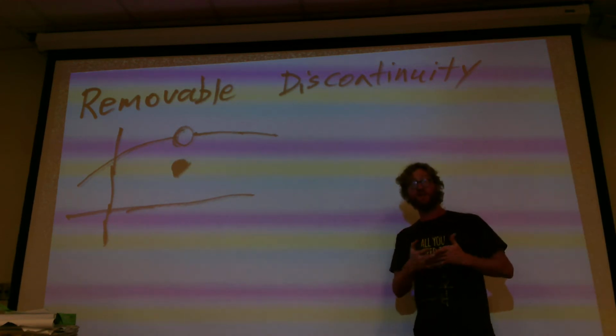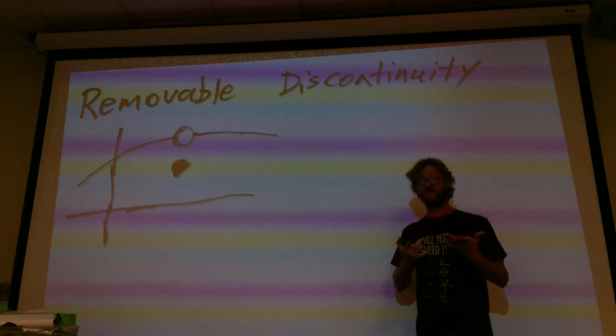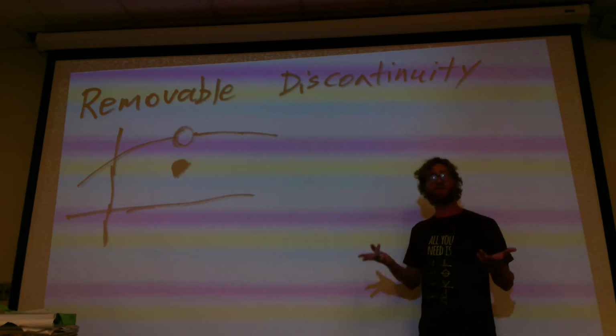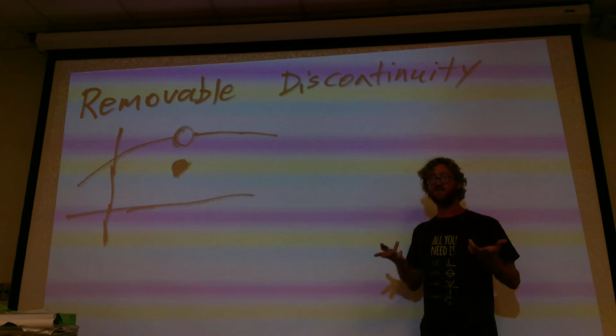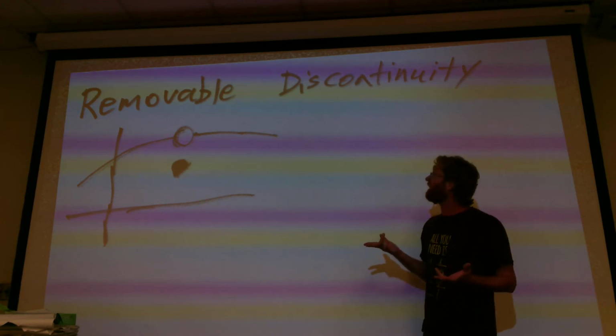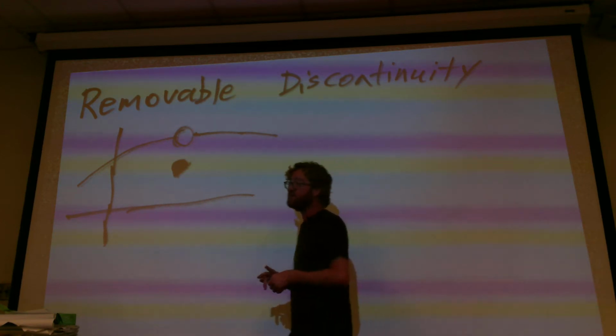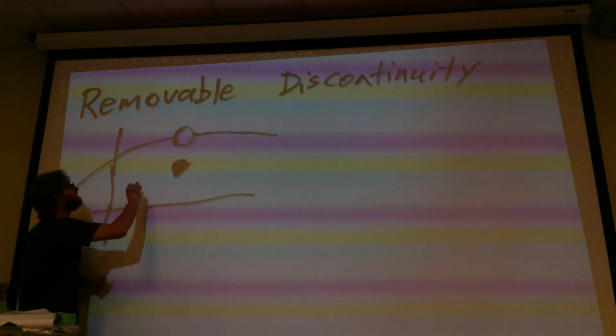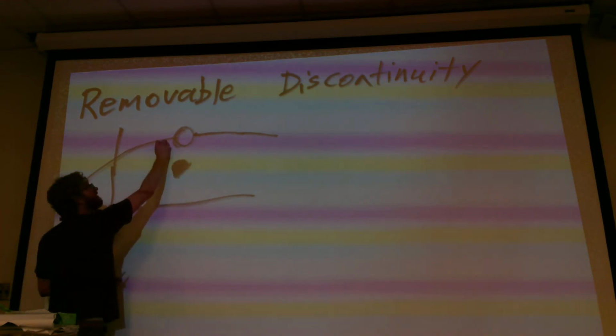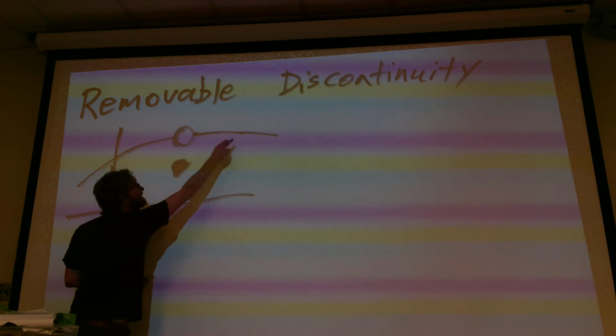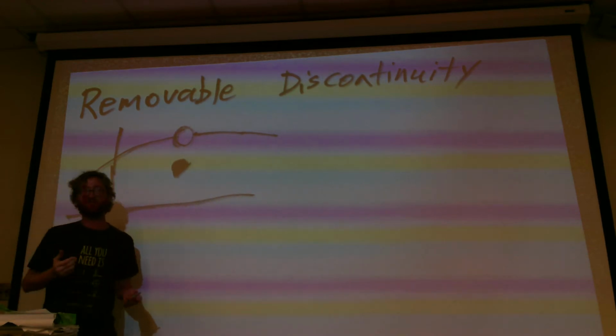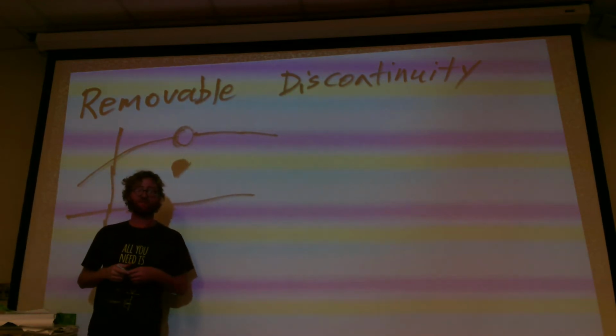And so, we in general ignore it. It's not that big of a problem when you're talking about modeling things and stuff like that. This is an infinitely small point that just has a hole in it. So when you talk about continuity, if you're tracing your finger along and, oh, I gotta pick my finger up and move it over there, that's a removable discontinuity. Not that big of a deal.